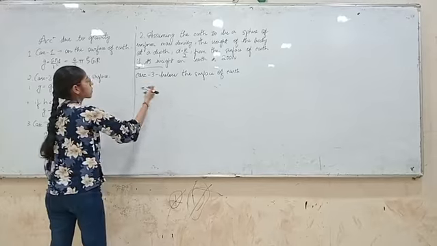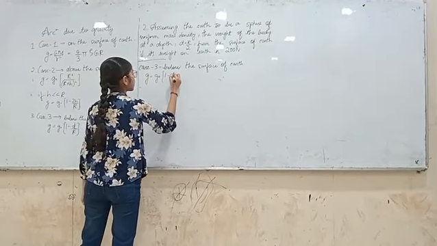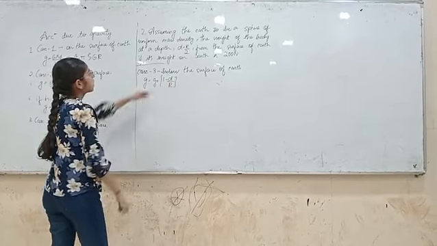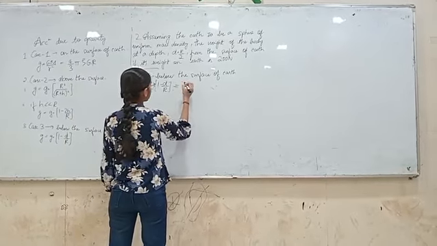For below the surface of the Earth, g is given by g naught into (1 minus d by R). Here they have given d is equal to R by 2, so we need to substitute d as R by 2.